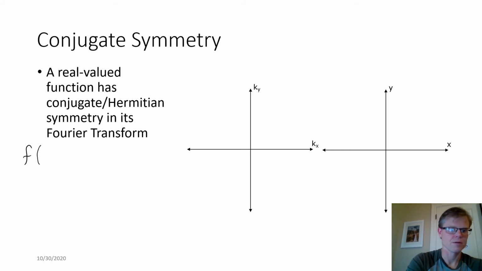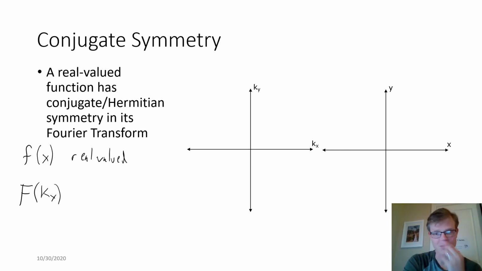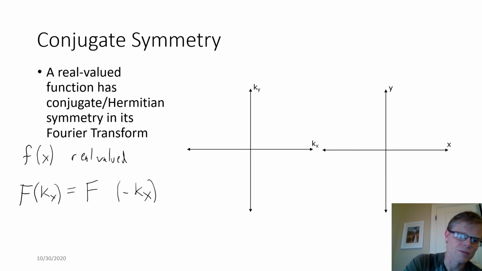So if we have some function f of x that's real valued, then the Fourier transform of f of x, so capital F of kx, at every location at kx, if we look at negative kx, so we go to the negative location, the value of the Fourier transform is the same, except it is the conjugate.